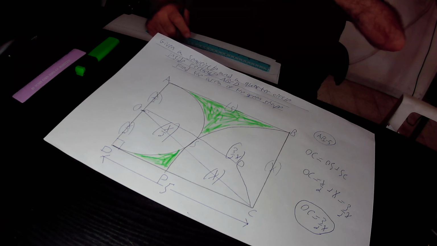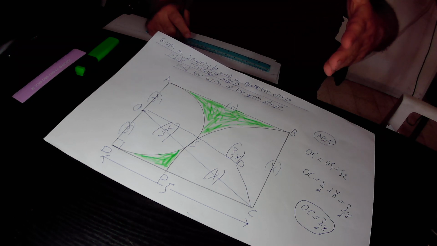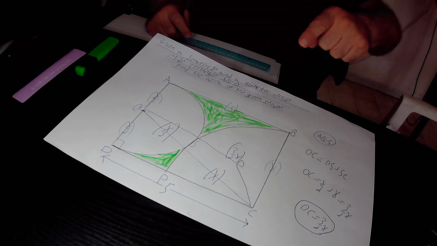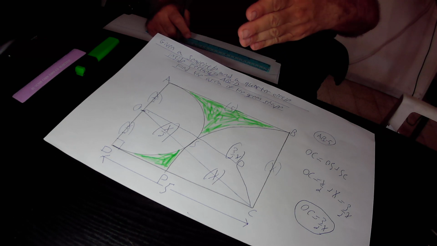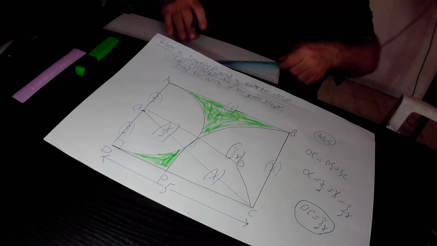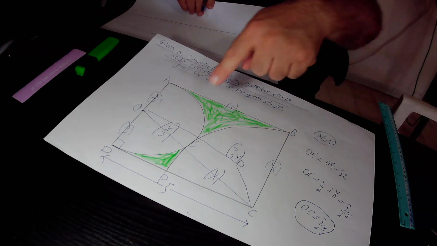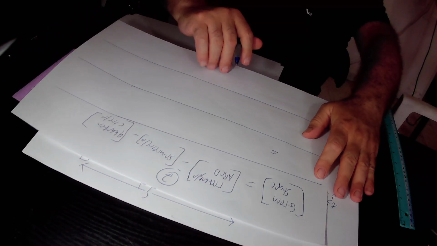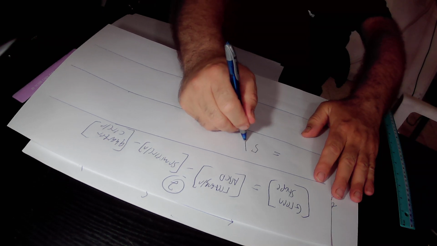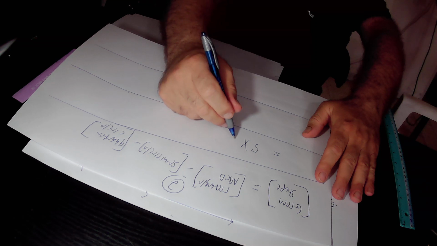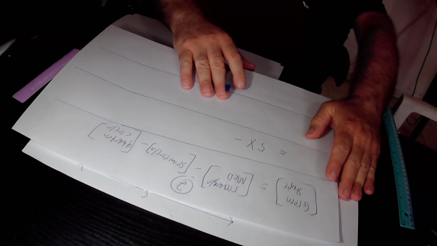So in total, the length times the width is 5 times x. So the area of rectangle ABCD is 5x. So write it down: the area of this rectangle ABCD equals 5x square units minus the area of the semicircle.